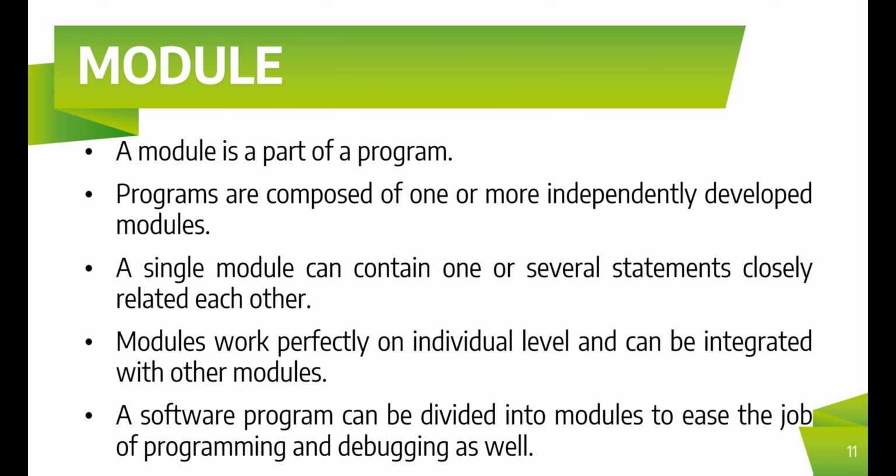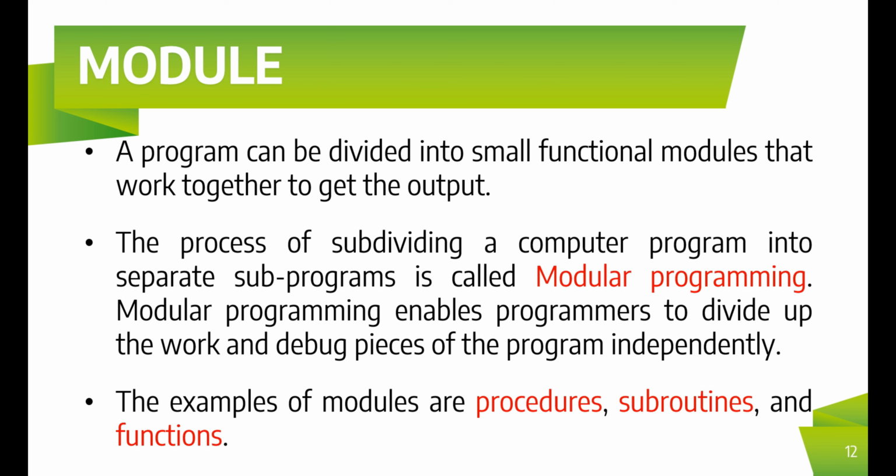Next, a program can be divided into small functional modules that work together to get the output, right? The process of subdividing a computer program into separate subprograms is called modular programming.